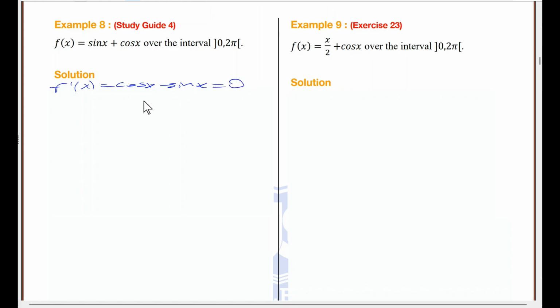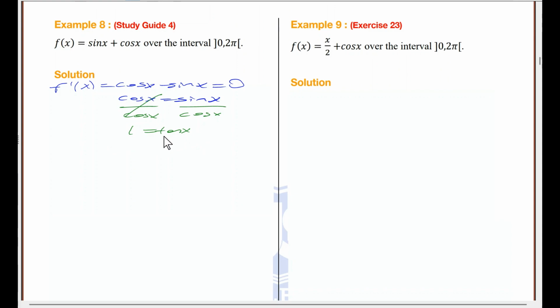So let's bring sine x to the other side. Cosine x equals sine x, and let's get a single trigonometric function, since we have both sine and cosine. If I divide both sides by cosine x to get tangent, I'll have 1 equals tangent x, right?